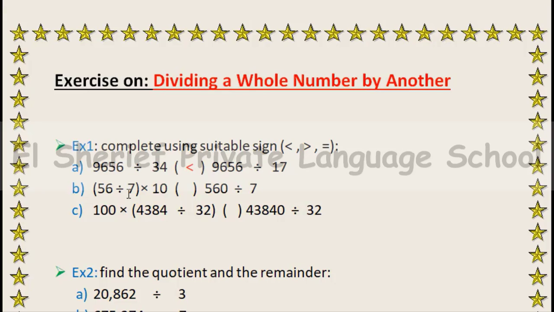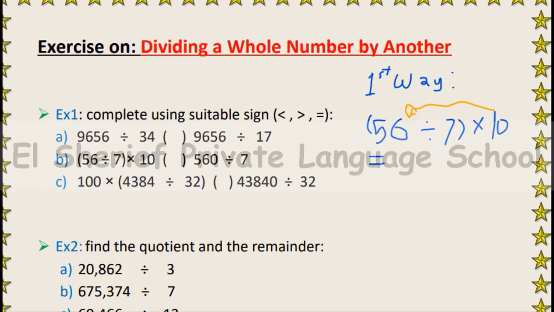So when we times 10 by 56, we get 560. So 10 times 56 equals 560. So on both sides, we have 560 divided by 7. Okay, this is the first way.